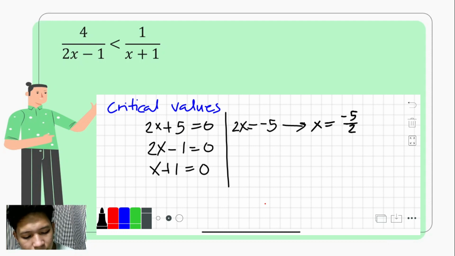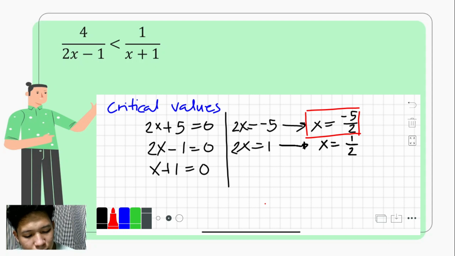So this is our first critical value. Next is that we have 2x minus 1. So itatranspose natin ito sa kabilang side ng equation, making that 2x equals 1, and dividing both sides by 2 para makuha natin yung x. So our second critical value would be x equals 1/2.